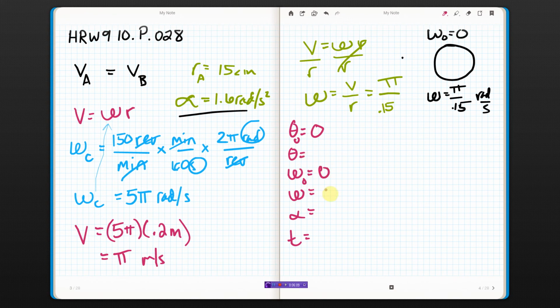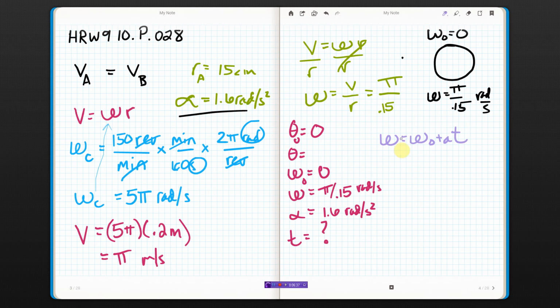The initial velocity is 0, it gets up to this angular velocity in radians per second, and I have this angular acceleration, and I want time. Looking at this, the only equation that works is the short equation, which is nice.